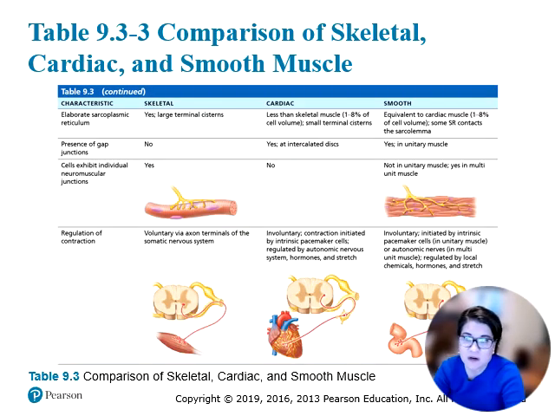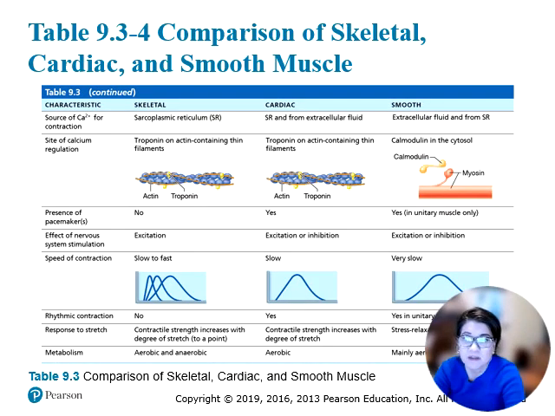And then here you are showing the motor end plate, and then this is showing what it looks like on smooth muscles. So definitely a different look to it. And then here is the comparison of the sliding filament theory. So you can see cardiac and skeletal are similar, and then smooth is not. So it's a different mechanism there, and you don't have the tropomyosin.